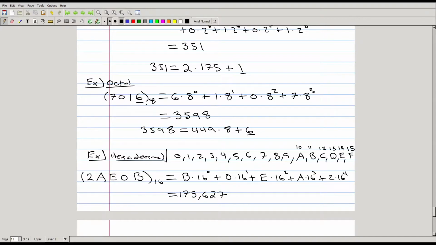The first digit of the octal expansion. And 449 is the quotient in this division of 3,598 by 8. And if you do this for hexadecimal, you'll end up getting that the remainder upon division of this number by 16 will end up being b, or 11.